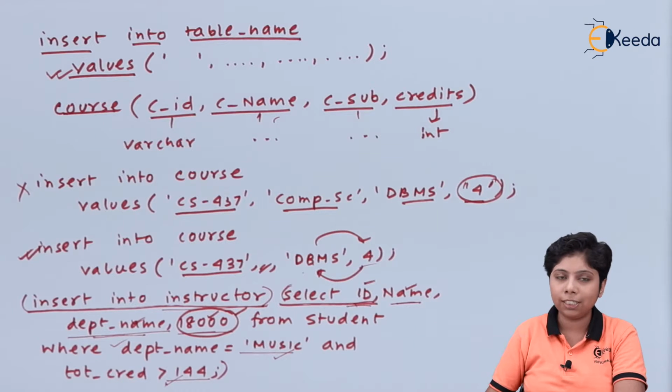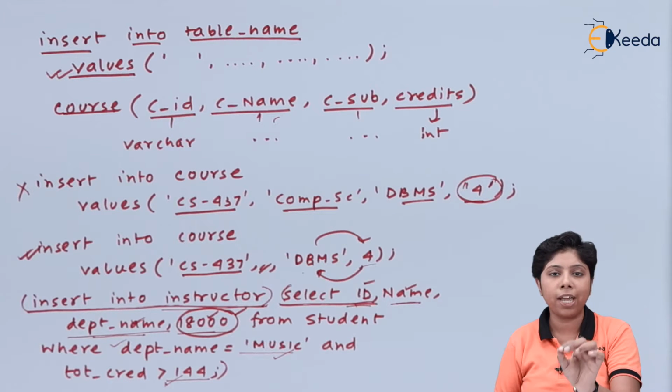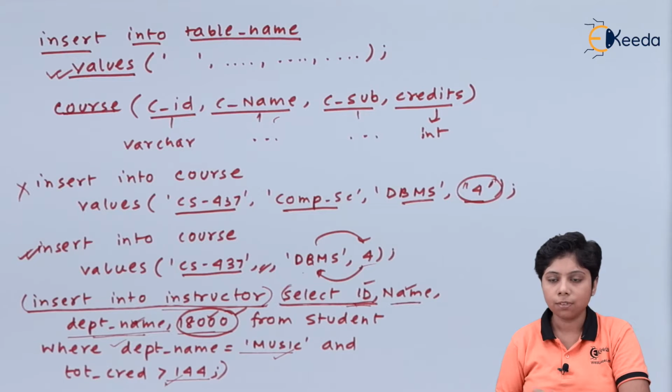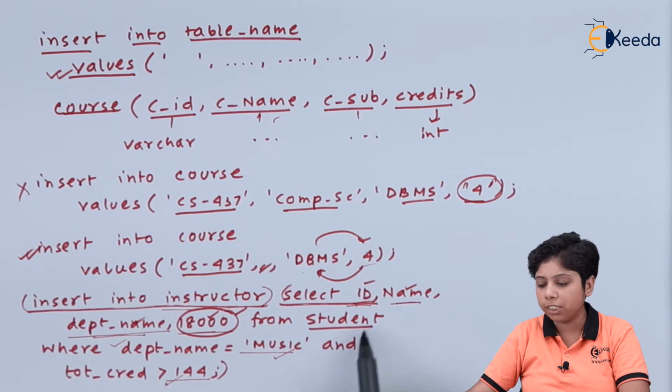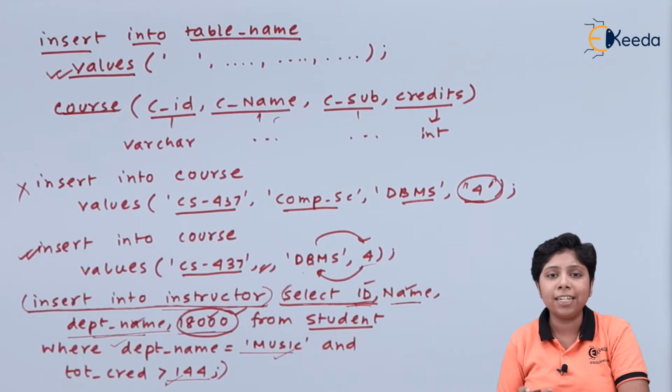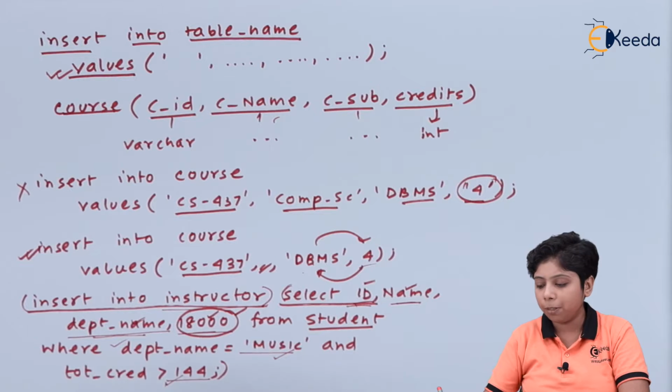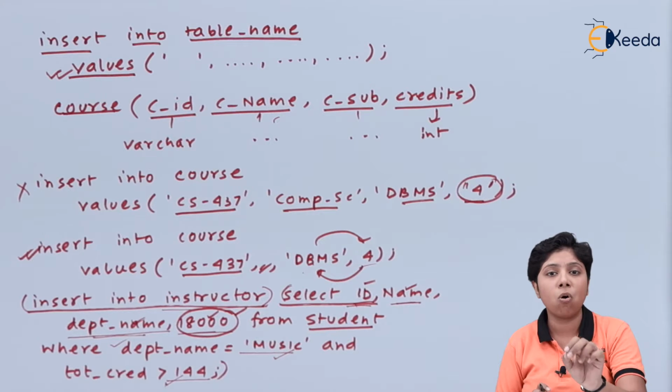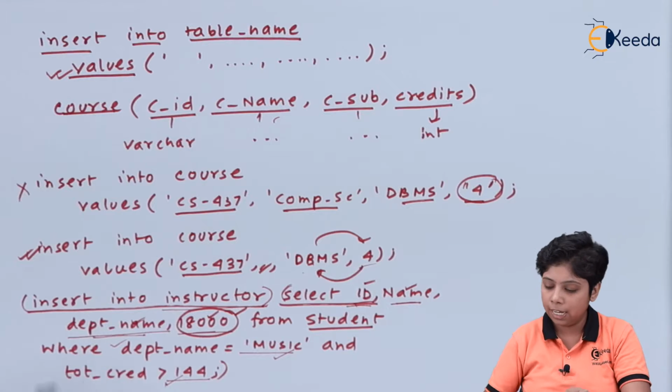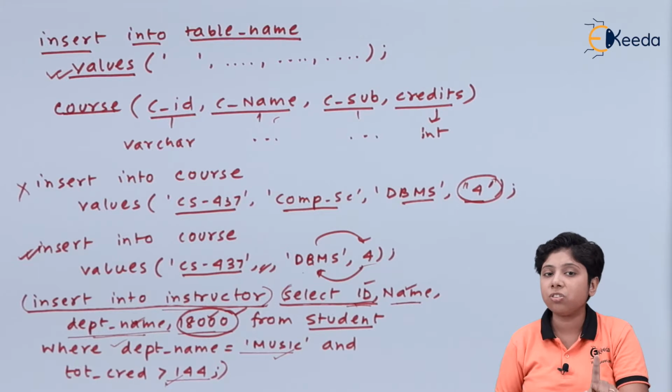So I am not taking the salary, I am just putting 18,000 here. Maybe from the student it has not got any type of salary. Now I can put an extra attribute as a constant value 18,000 in the new instructor. So these things we need to keep in mind while putting value from a relation to another relation.